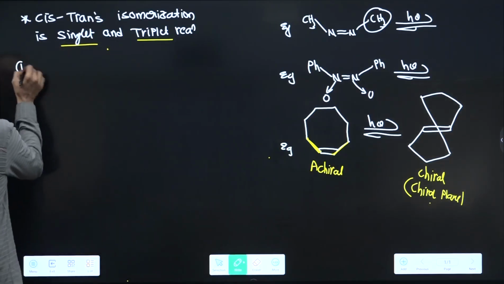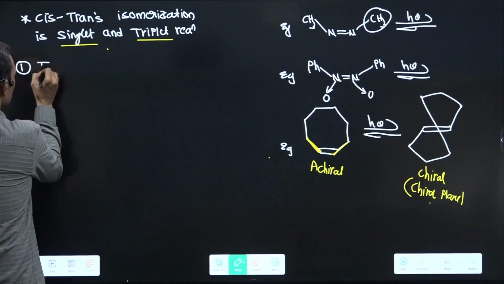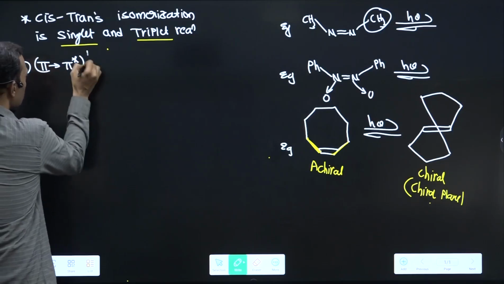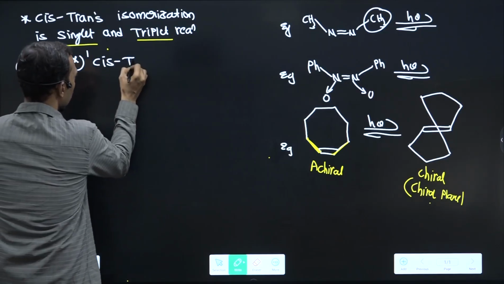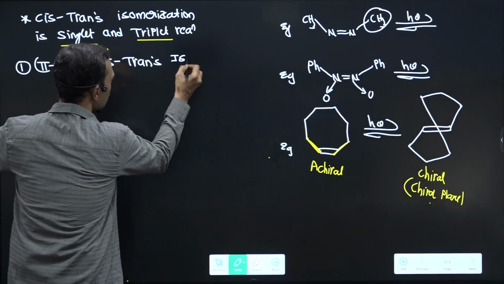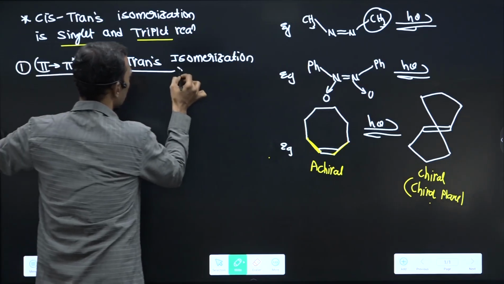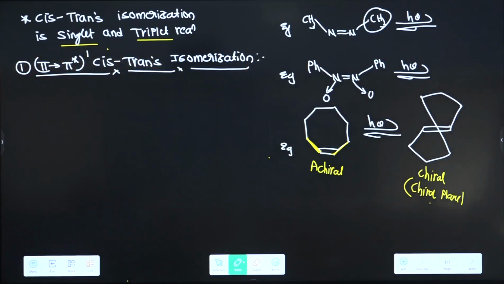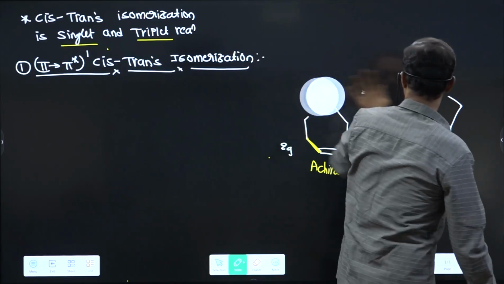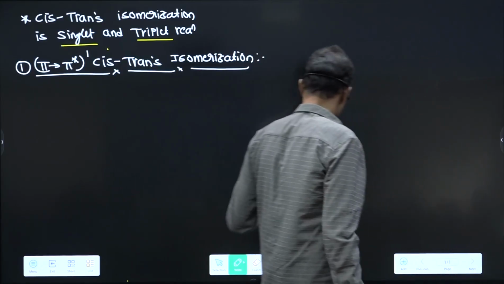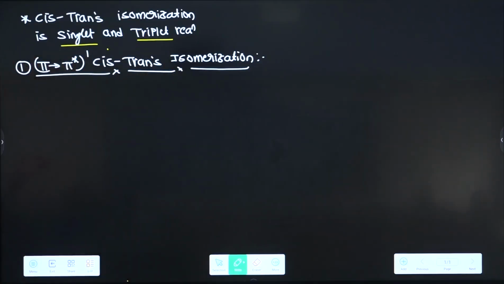Okay, so first one, see, I will show. Pi to pi star singlet, cis-trans isomerization.